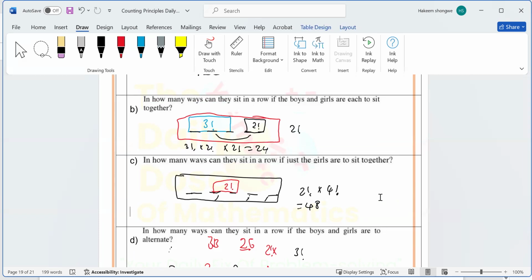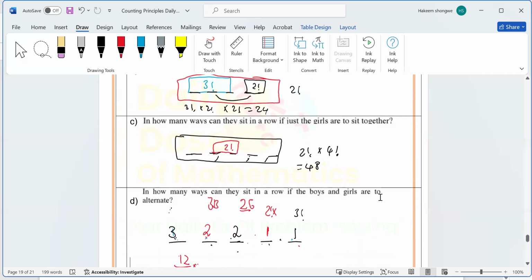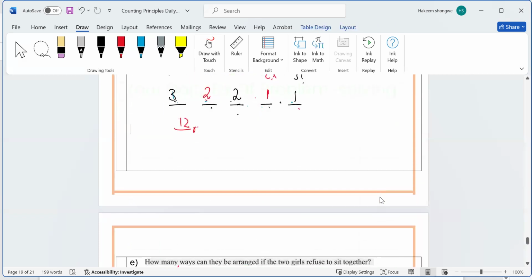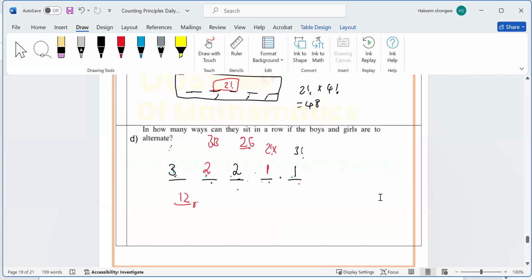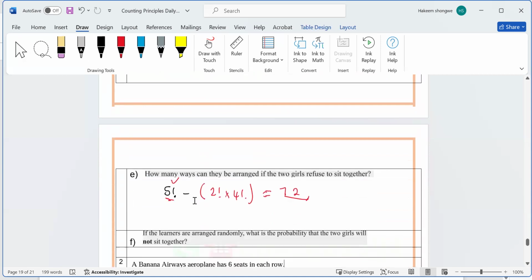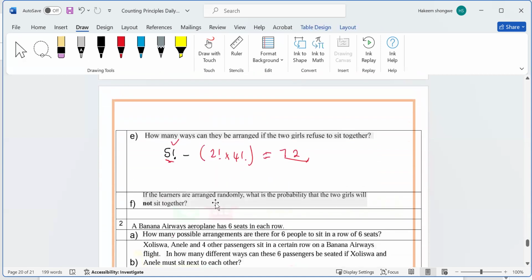Number D, they're sitting in an alternating order here. Yes. They're not sitting together, they're separating. Yeah, but it's like one way of the girls not seated together, it could have been something like girl, boy, girl, which is slightly different. This one is just one of the ways when the girls are not seated together, but all in all, there are 72 ways in which the girls won't be seated together.